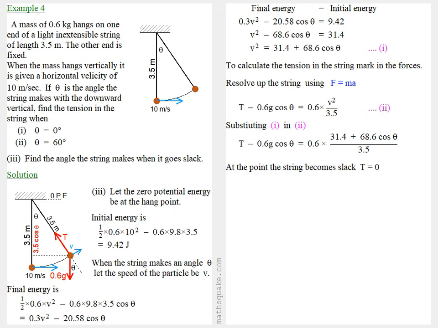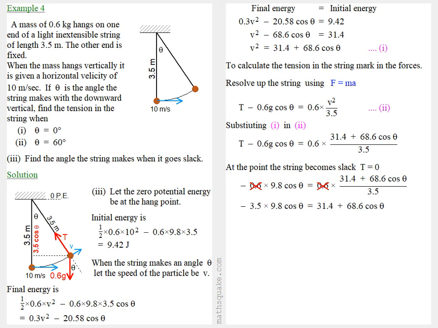Now at the point the string becomes slack, T will become 0. So we have minus 0.6 times 9.8 cosine theta equals 0.6 times 31.4 plus 68.6 cosine theta all over 3.5. So the 0.6 cancels. We can also multiply both sides by 3.5.